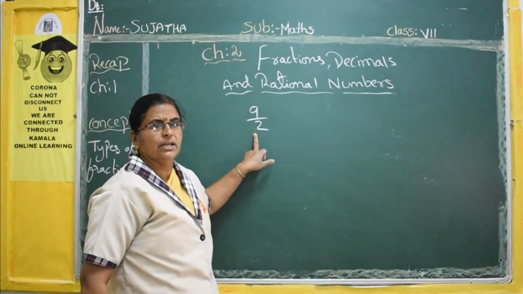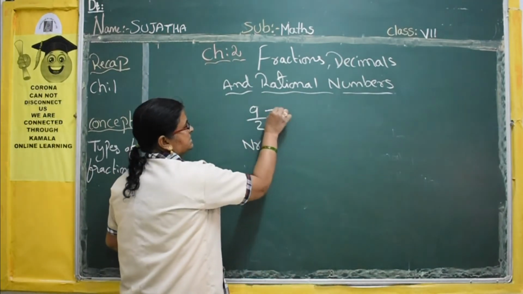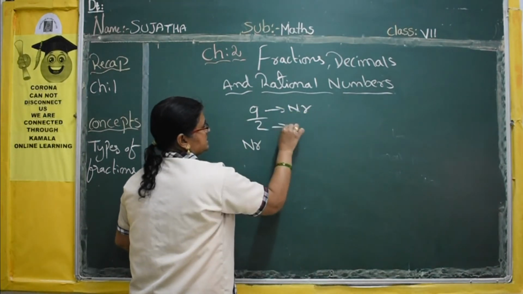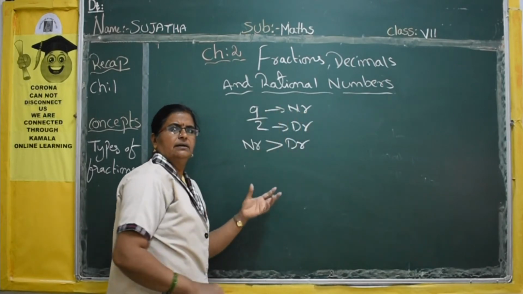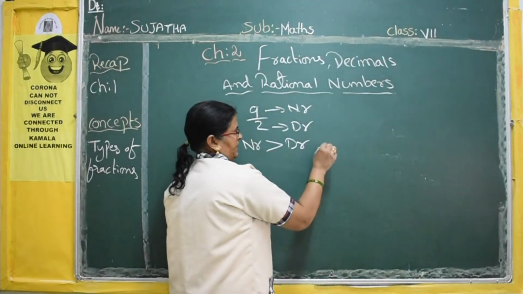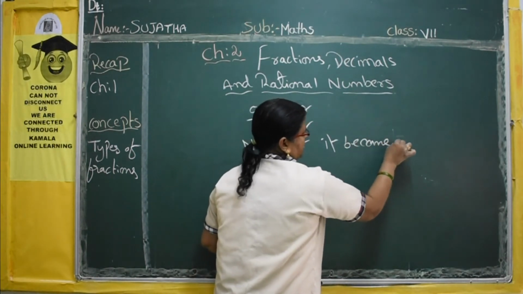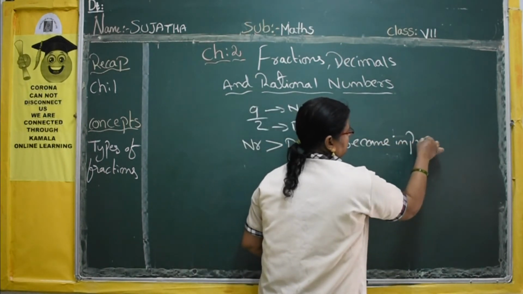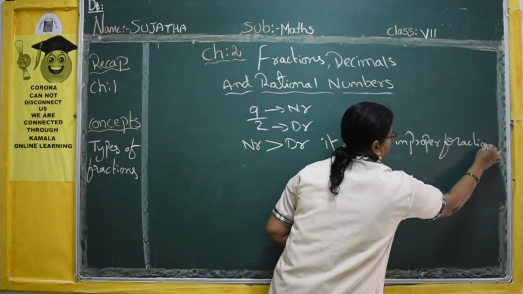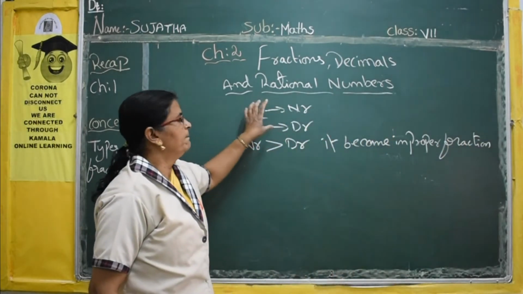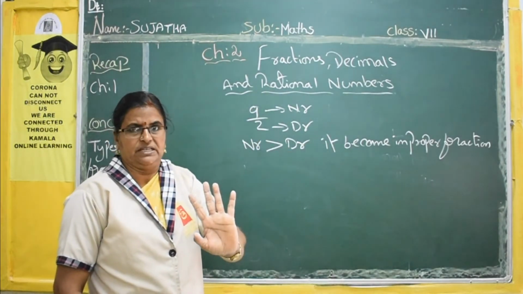The numerator is greater than the denominator, which means it is an improper fraction.